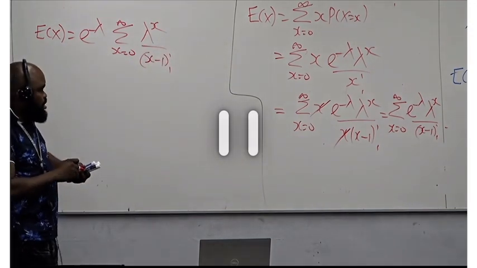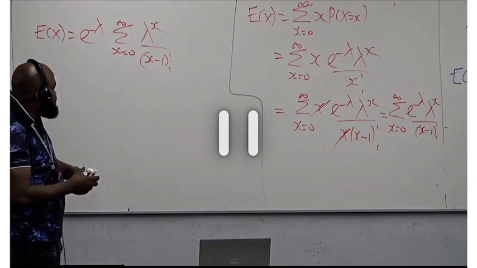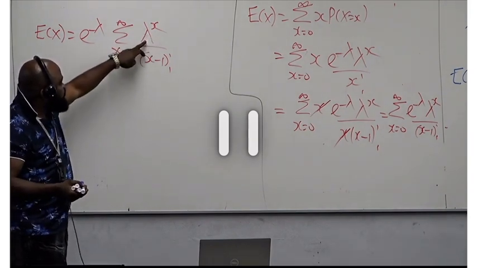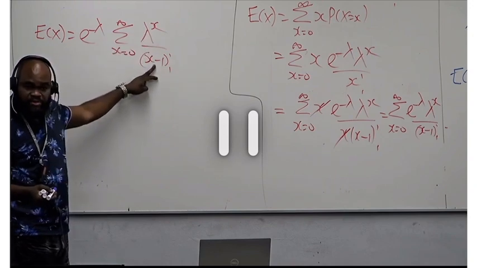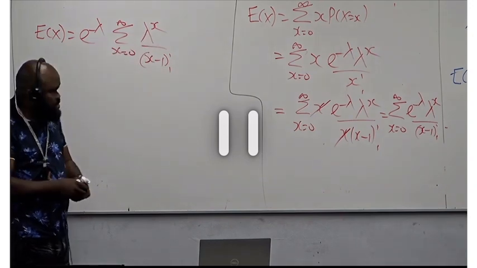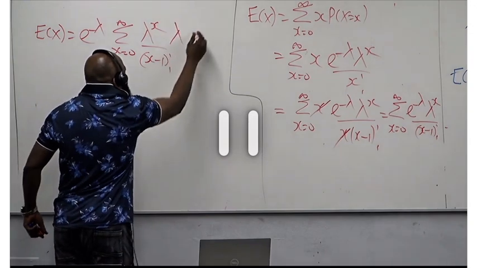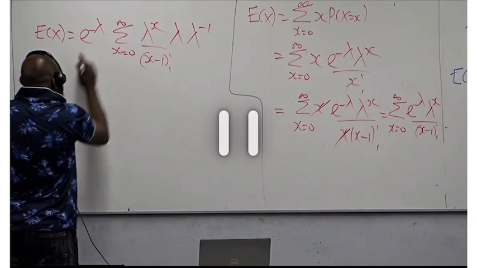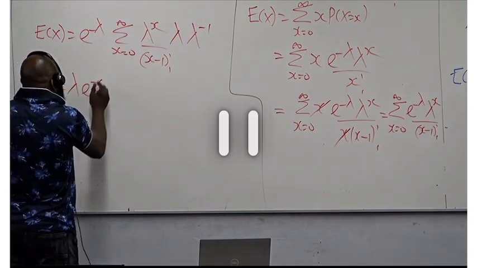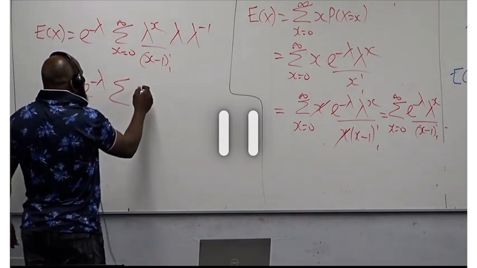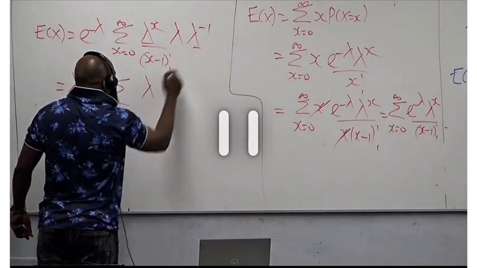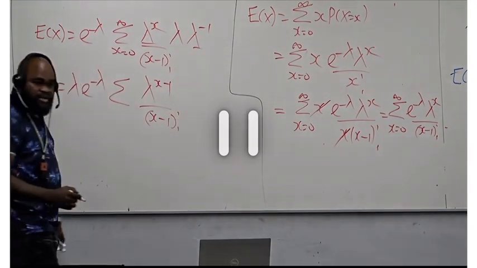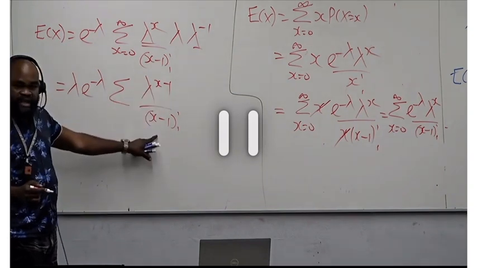Now, lambda is carrying X. If I want lambda to also carry X minus 1, I can manipulate this: I bring in lambda and lambda raised to the power minus 1. So I'm going to have the summation, lambda combining with this, and lambda raised to the power X minus 1 over X minus 1 factorial.